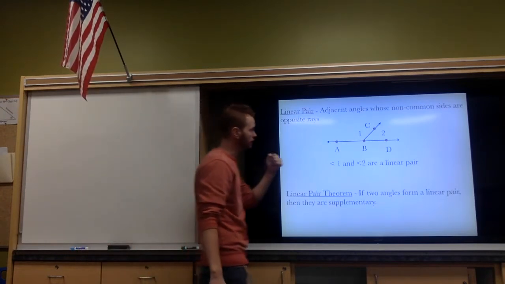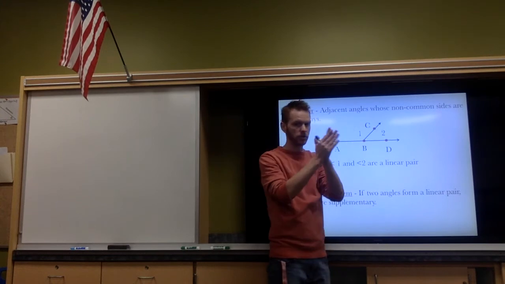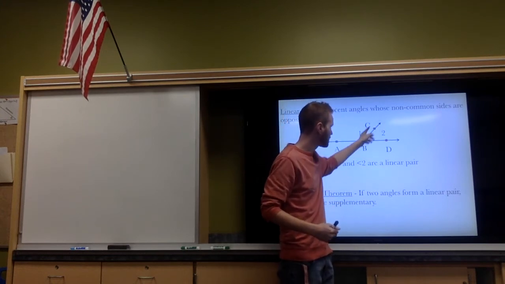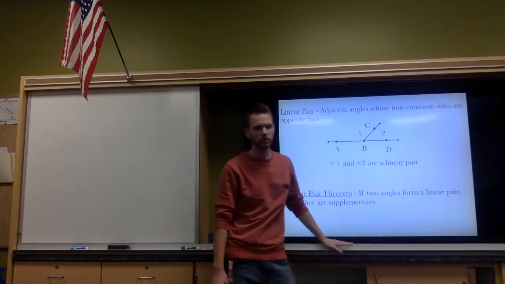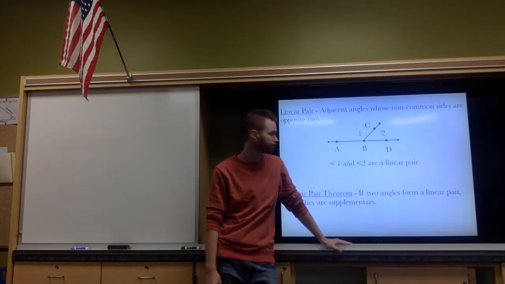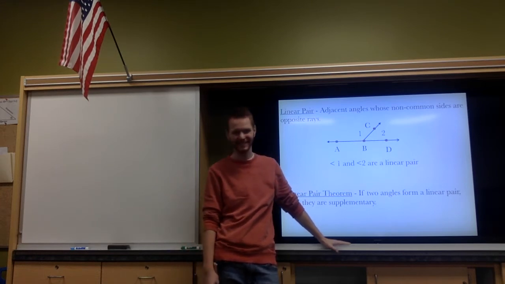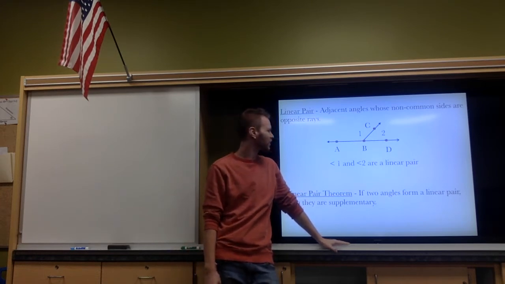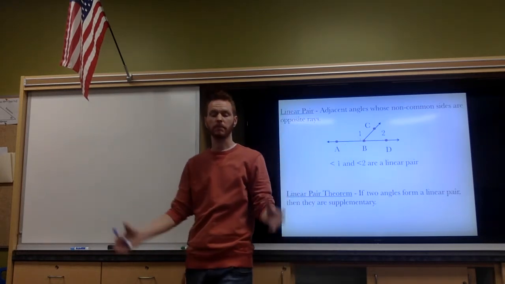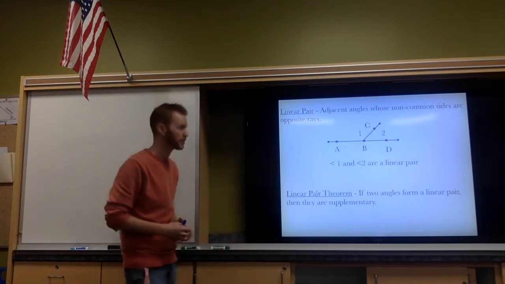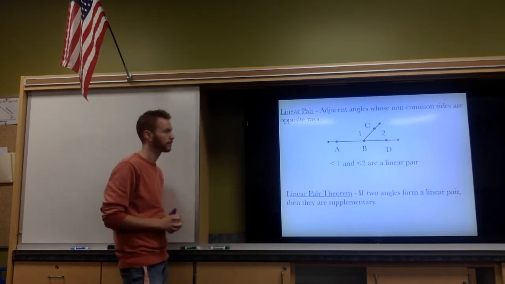So not only are these two angles next to each other, they share a side, but their opposite sides are opposing rays. Opposite rays. I have to use the word opposite so many times. So if I had other angles in here, I'd have to be careful. I got to combine those angles, just like I did in the one example, to say that they're linear.